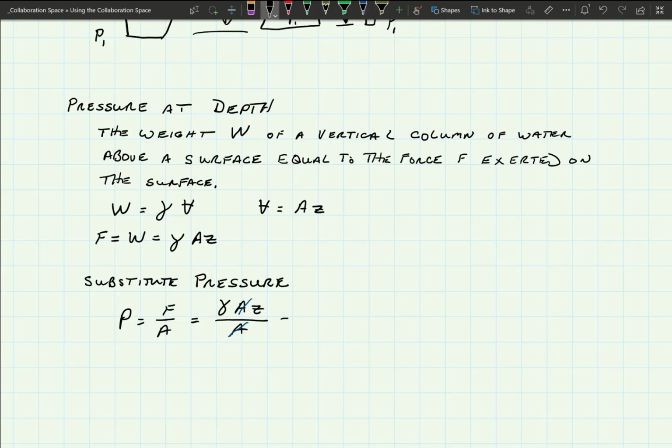Then we're going to get specific weight times Z. Okay.